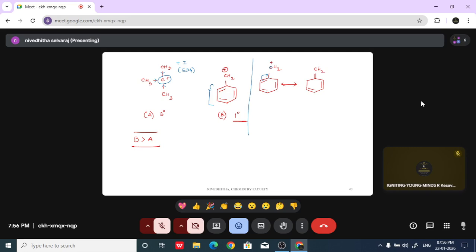Now we will not have this positive charge because the valency of this carbon is satisfied. Now the problem is for this carbon, because this carbon donated its chemical bond. So this carbon is in need of electrons. So this carbon is electron deficient. Now the positive charge will be on this carbon atom.